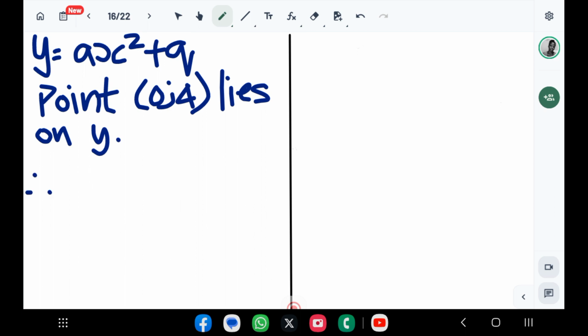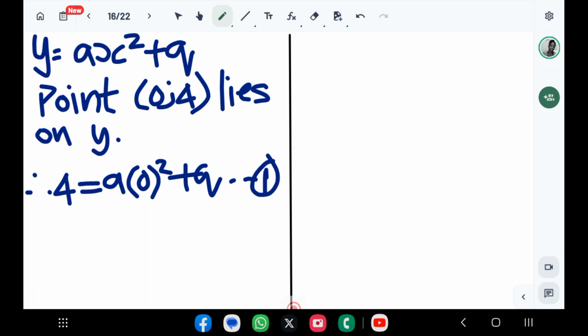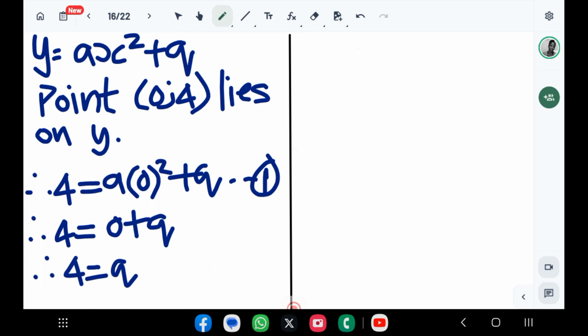Therefore, we substitute the point into the equation. The y coordinate goes into the space for y, and the x coordinate goes into the space for x. So that's 4 equals a(0)² plus q, and that's equation 1. Therefore, 4 equals 0 plus q, meaning that 4 equals q.